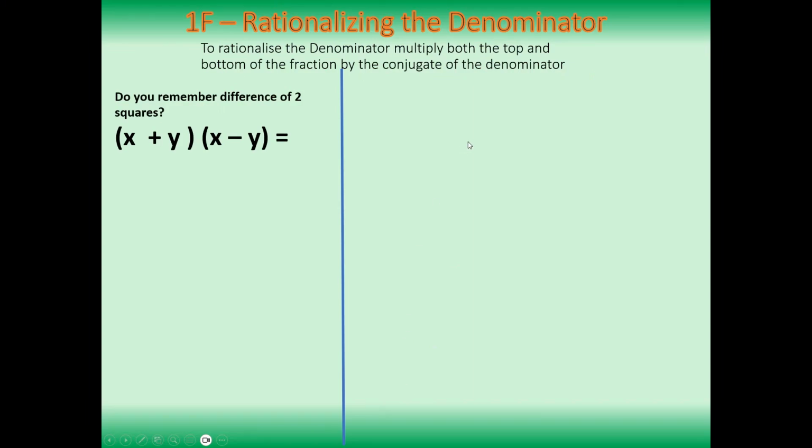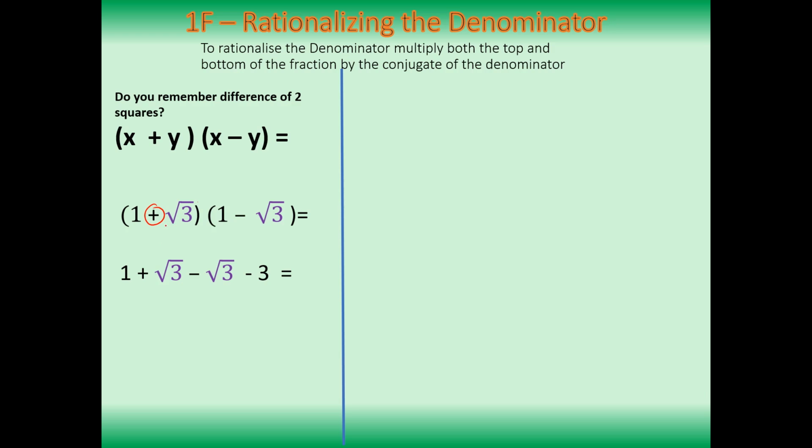Alright, let's look at the harder example here. You remember factorizing the difference of two squares that came up like so? We're going to use that here. If you've been asked to expand the bracket here, what you end up with is a plus root 3 and a minus root 3 in the middle, because I used the conjugate of the first bracket here.